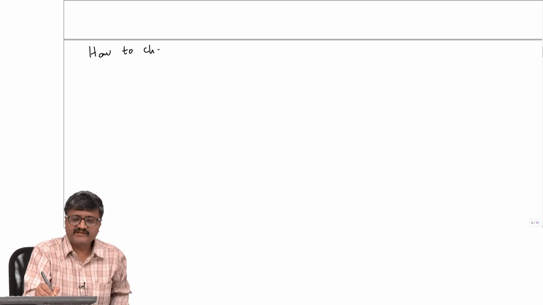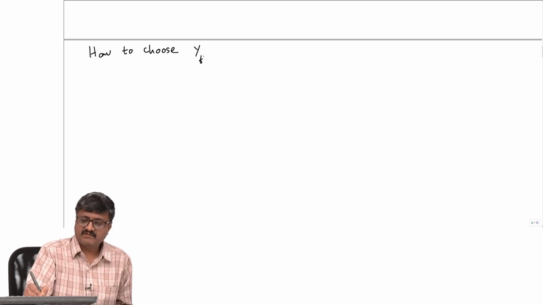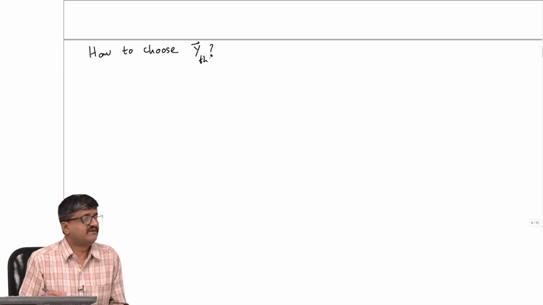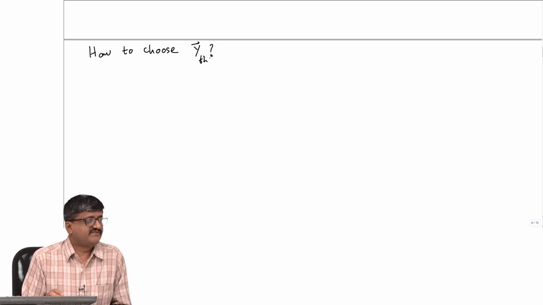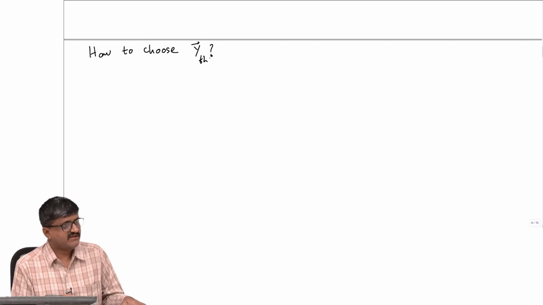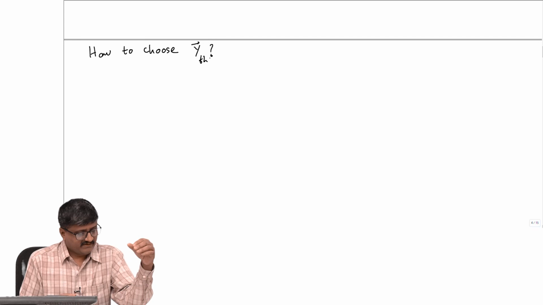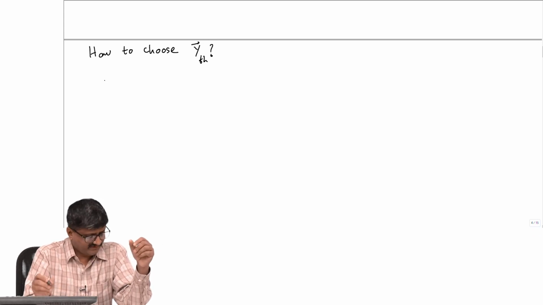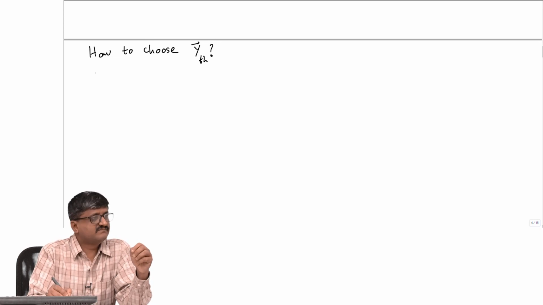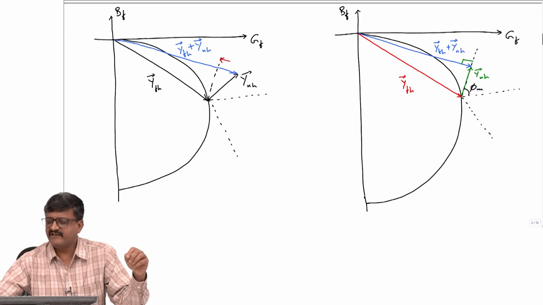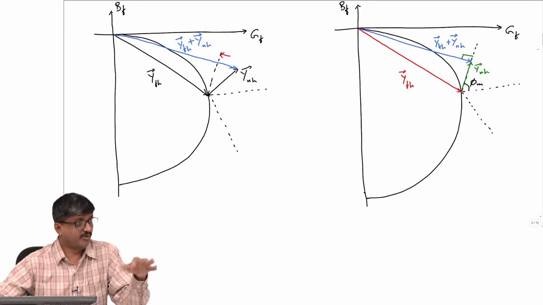As far as the performance is concerned, I want to maximize the performance, that is, minimize the value of VH, or it is essentially saying maximize the value of the denominator in the expression for VH. So, how to choose y of h? See, in the previous case, for some arbitrary value of y of h, we know how to choose y n h. Now, how to choose y of h itself?